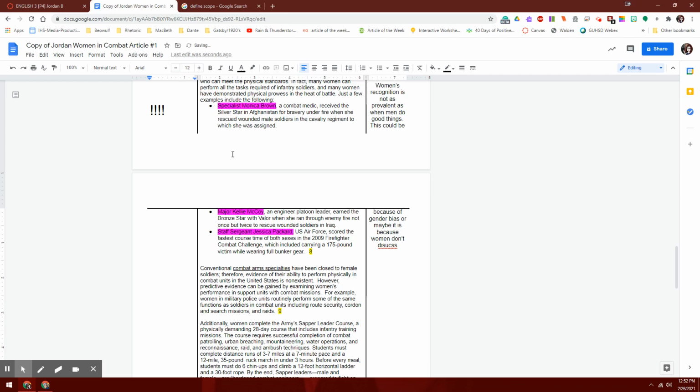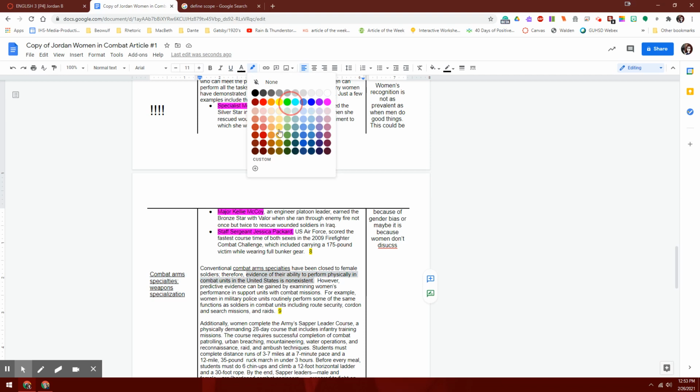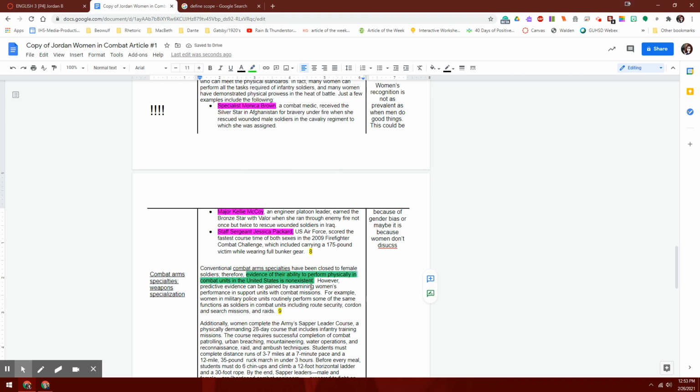I think combat arms specialties would be like weapons specialization. And women don't generally do that, so we don't have any kind of data. So I'm actually going to highlight this green because that's kind of a negative. We have no data on how women deal with the weapon specialties like we do with the men.